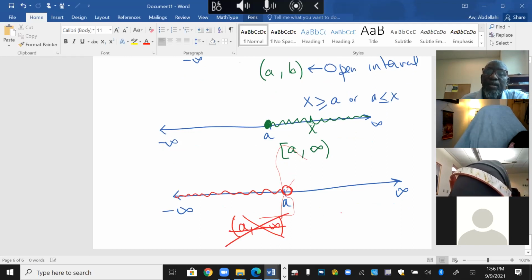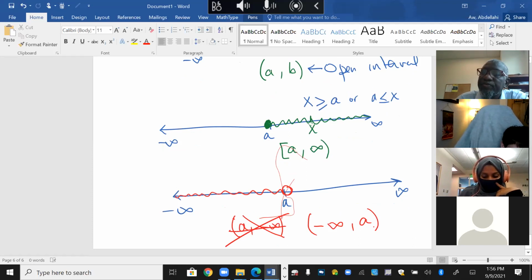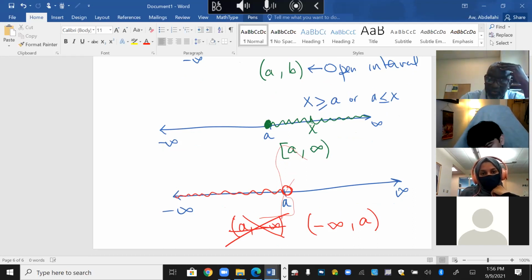Here, from negative infinity all the way to A, right? That is my interval. So when you describe an interval, you always go from left to right, okay?